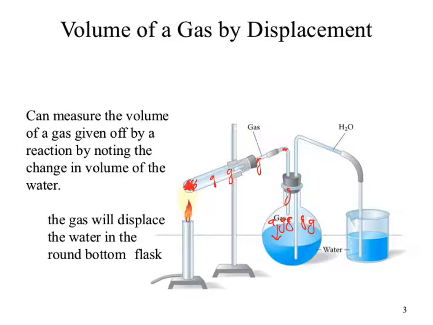Well, then what happens? The water will go up the tube and collect out in this other beaker. If I have graduations on that beaker, I can look at a difference in the volume from when I didn't have the gas to when the gas was formed, and I can determine the volume of the gas. Kind of make sense?